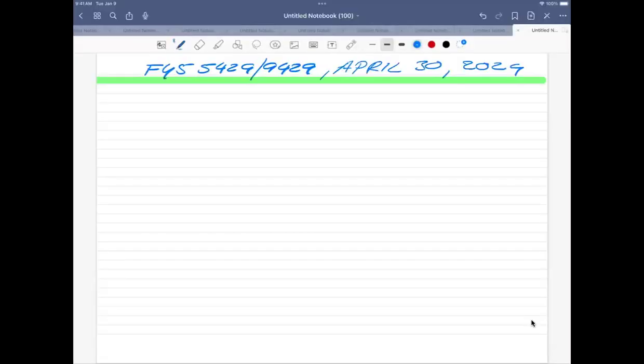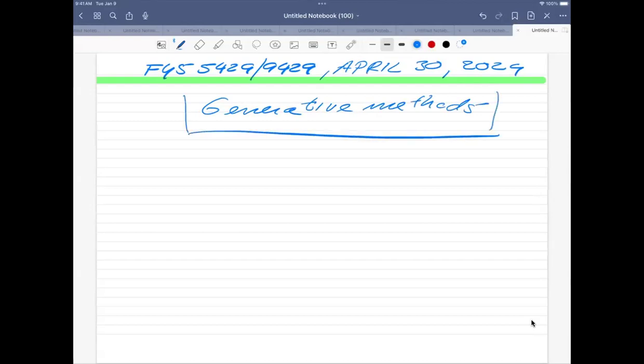So if we think of the basics of so-called generative models, what we have is this kind of general container of generative models or methods. And if we box it in here, we have essentially 2 types of approaches.